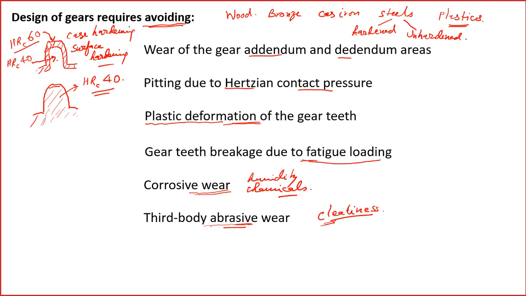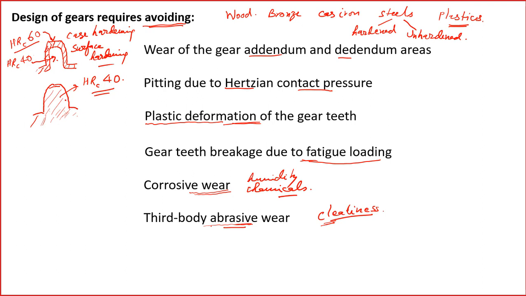But what will be the problem if I harden the whole gear to 60? I think, sir, for the part, the face and flank are doing the work, so we require that part to be harder than the inner one.